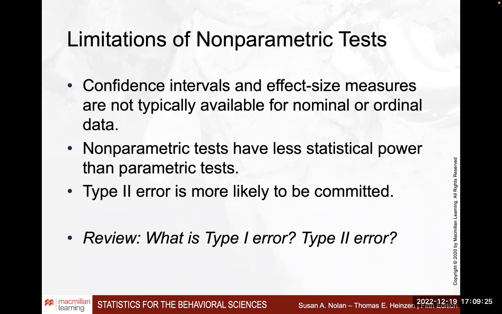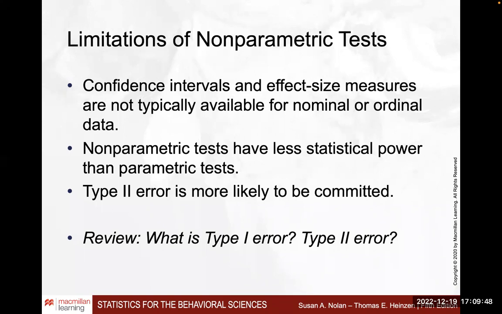The reason that could happen is most likely the sample size, too much variability, or not enough difference between your 2 levels of the independent variable. So it's less statistical power. All the factors that lead to less statistical power will increase the probability of a type 2 error.